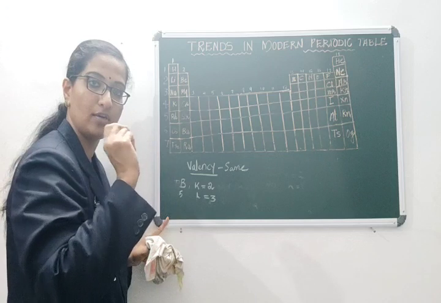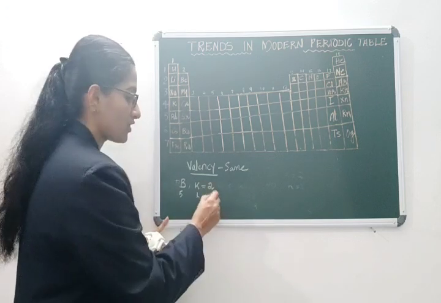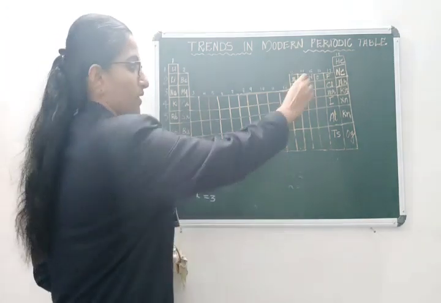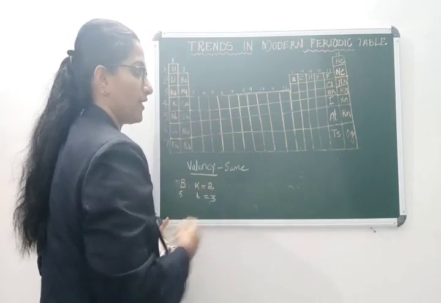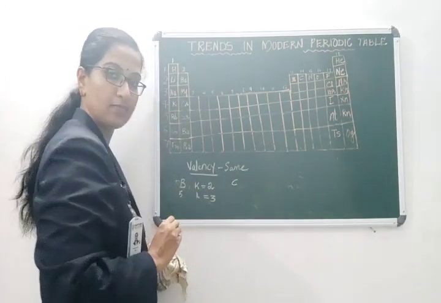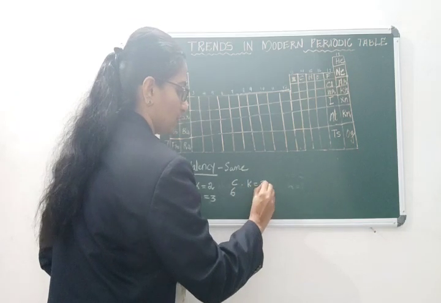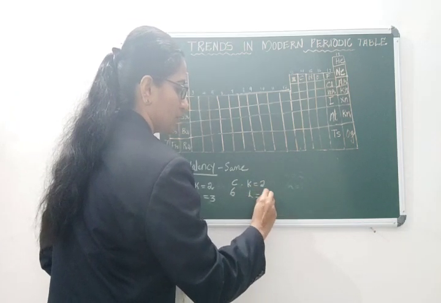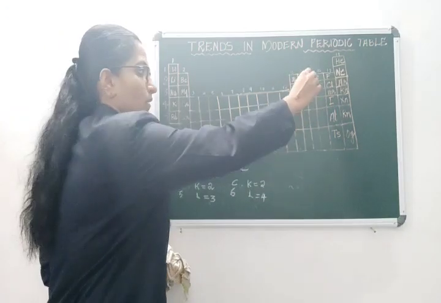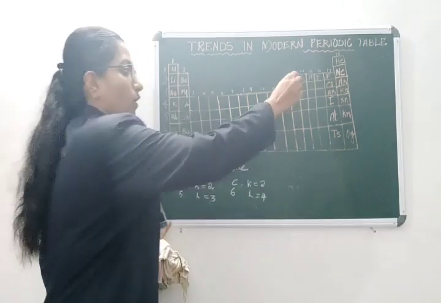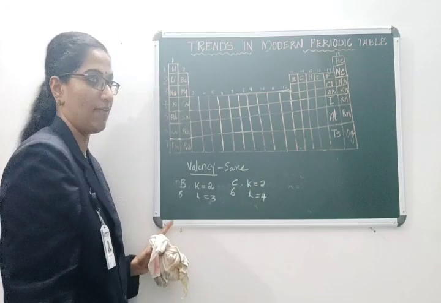So the valency is 3. And if you go to the 14th group, that is carbon, atomic number 6. K is equal to 2, L is equal to 4. All group members have valency 4.